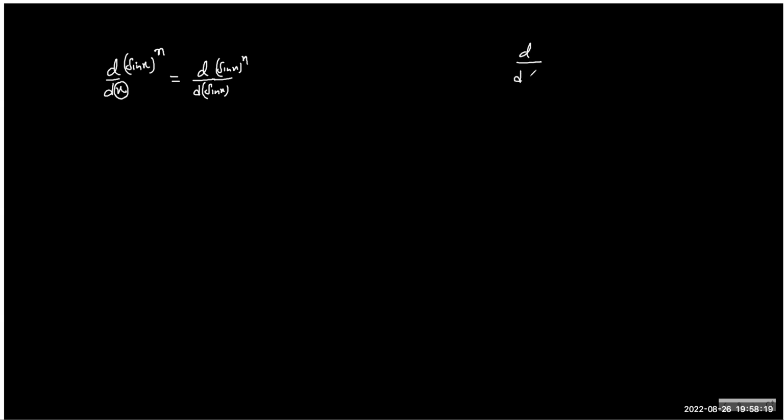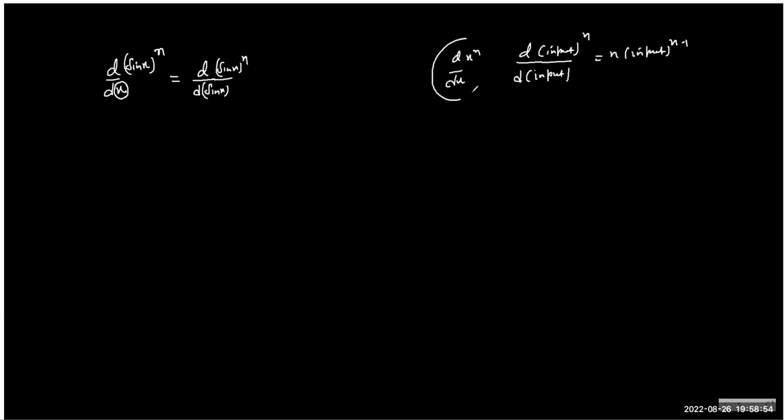It is d by d of chosen input, or you can say input, and input to the power n. So the formula is n into whatever input into n minus 1. This is how we read d by dx of x power n.